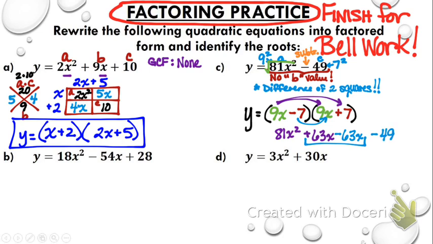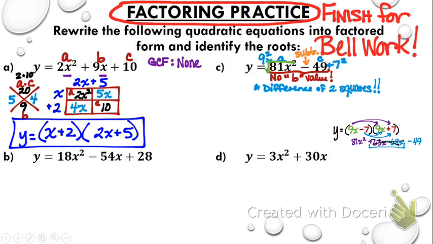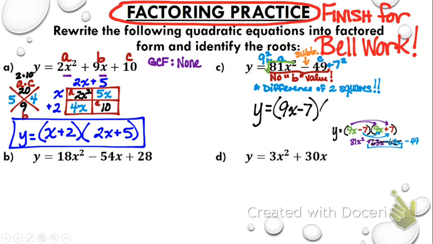They cancel out. That's what them being exactly identical, except one with a plus and one with a minus, will do. That's how I know. All right, so this is how it's going to factor. I'm going to scoot this down and off to the side so that I have room for my answer. So factored form, y equals 9x minus 7, 9x plus 7.